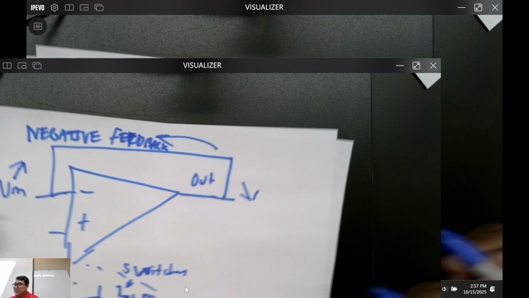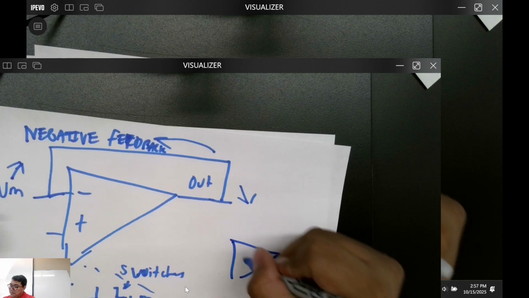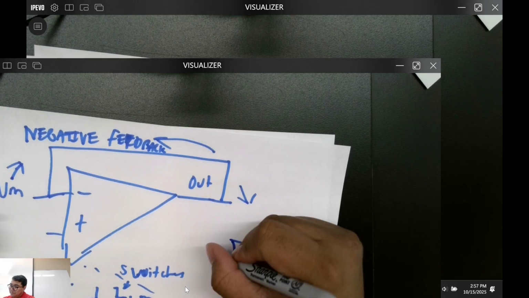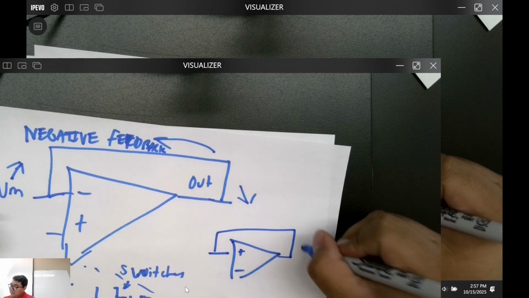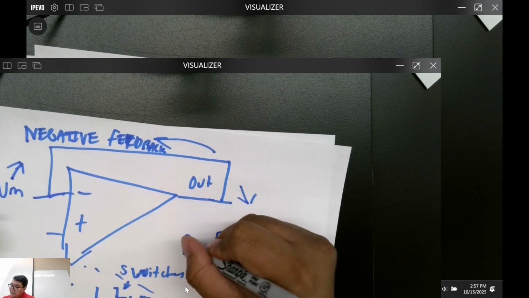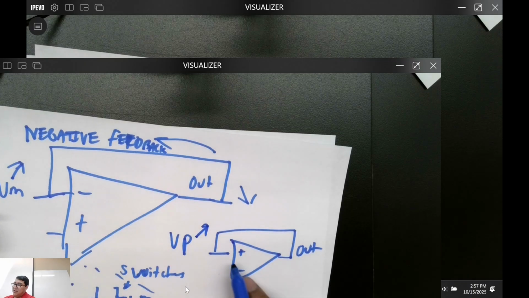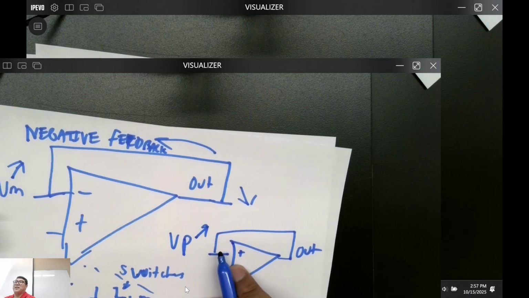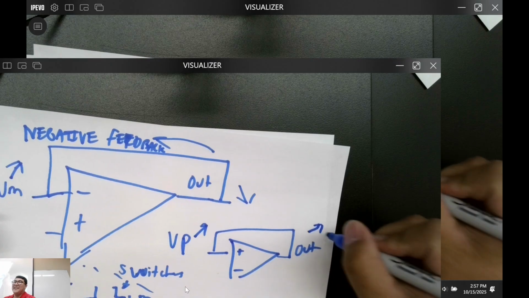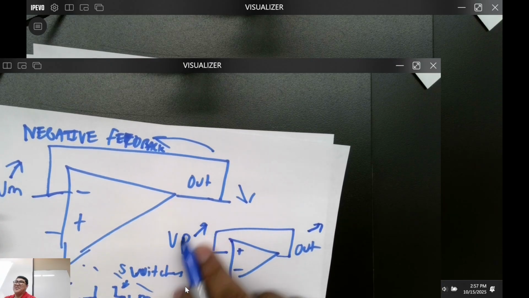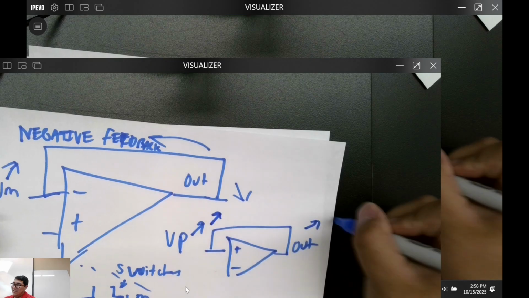So if I were to do the following, plus minus, VP, what happens when I make VP go up? The output also goes up, but then it's also pulling this plus up again.